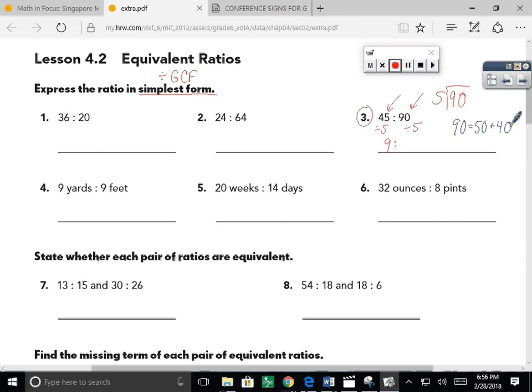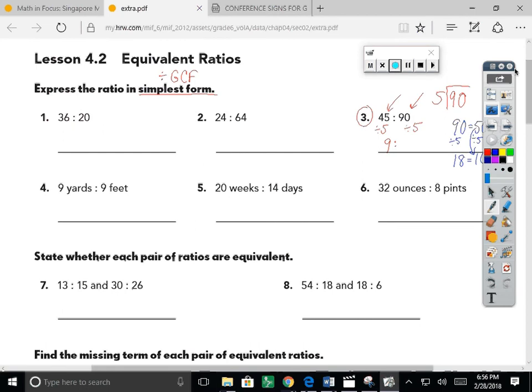The reason these are friendly numbers is that I can divide 50 by 5 and 40 by 5 pretty quickly. So I know 5 goes into 50 10 times, and 5 goes into 40 8 times. If I combine those, 10 plus 8 is 18. It looks like I'm going to get an answer of 18 for that second term.